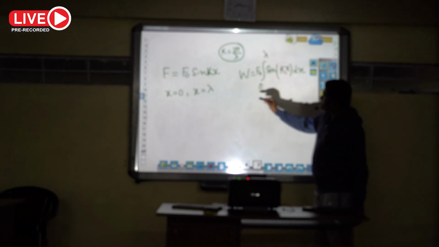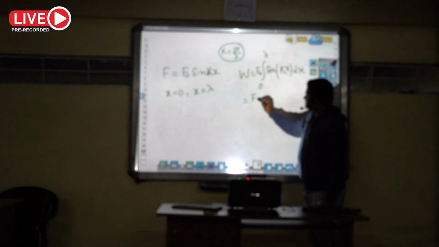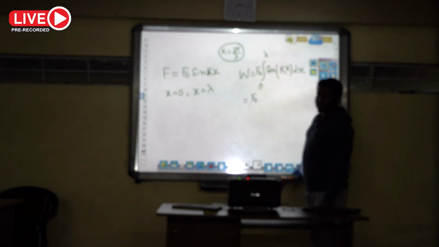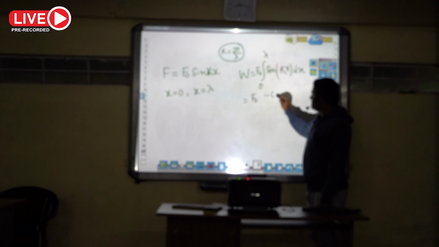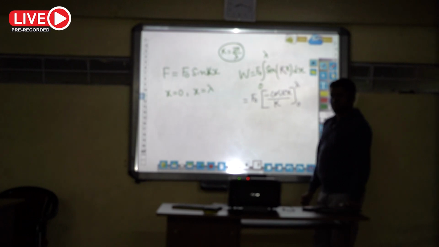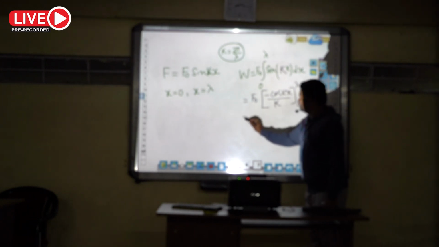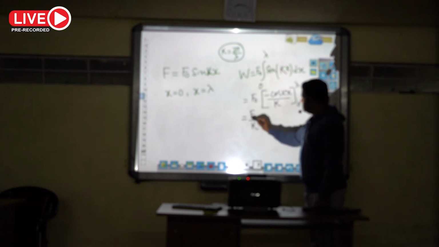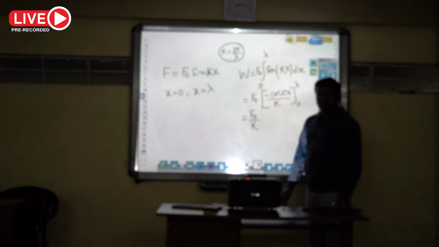See, if you calculate, f naught sin kx dx, its integration will be minus cos kx divided by k, limit is from 0 to lambda. Done. Then f naught by k, this entire thing is taken common.